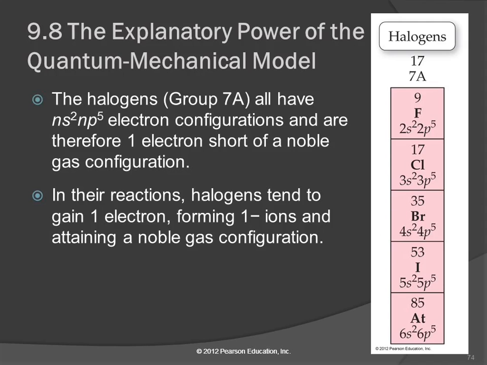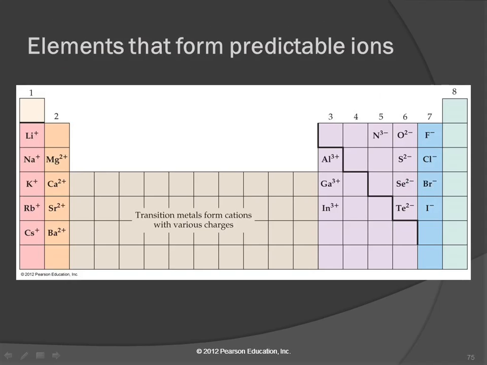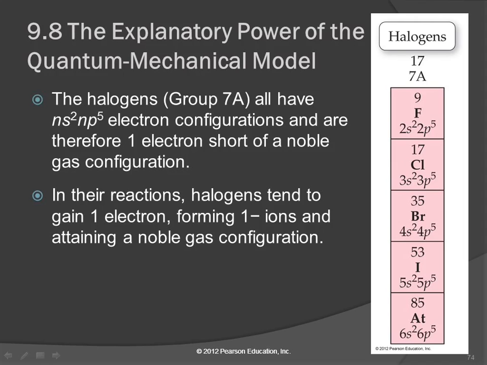They need one more. So they form 1 minus ions by gaining 1 electron. Because when fluorine gains an electron, it becomes 2s2, 2p6, which is the same electron configuration as neon. You see how that works?